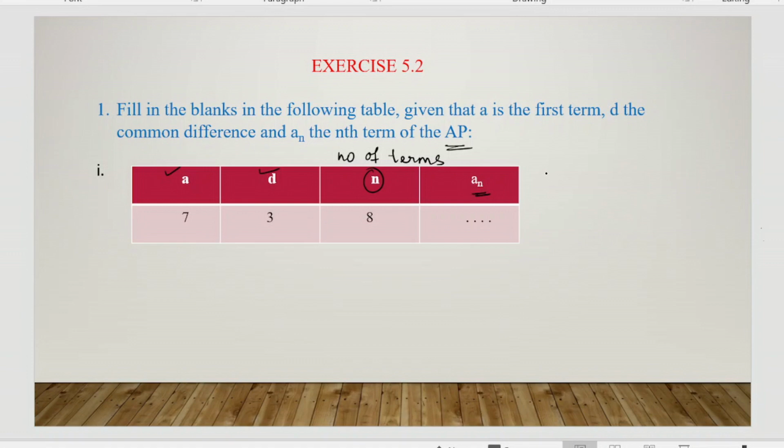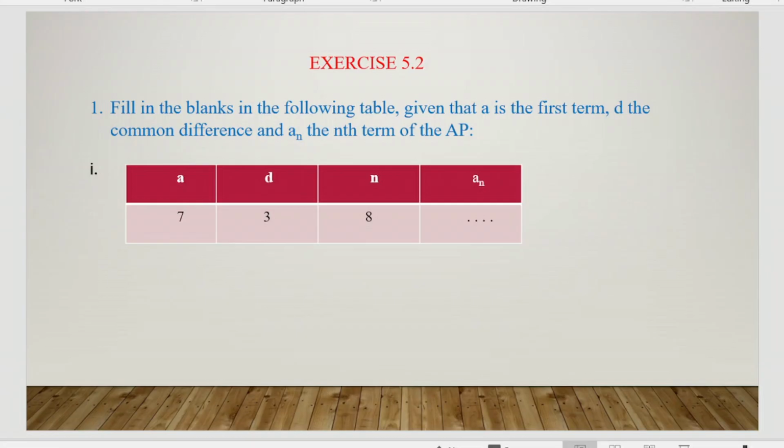So, if you want to find the 10th term of an AP, then here the number of terms will be 10 and you will be finding the a10 value. In the same way, if you want to find the 15th term of an AP, N will be 15 and you will find the a15 value. Clear? So here A is the first term, D is the common difference, and N is the number of terms, and we need to find the nth term of an AP.